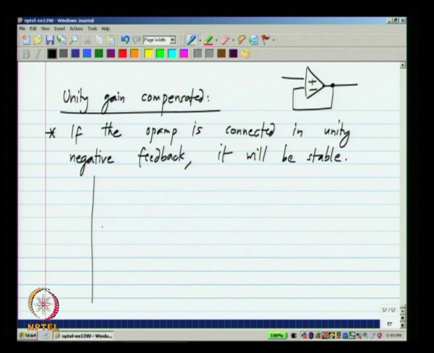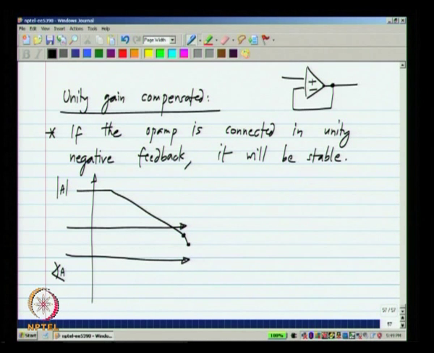I also said that they are dominant pole compensated op amps. So, the magnitude and phase do something of this sort. The non-dominant poles and zeros occur beyond omega u, and you have the angle going off like that.